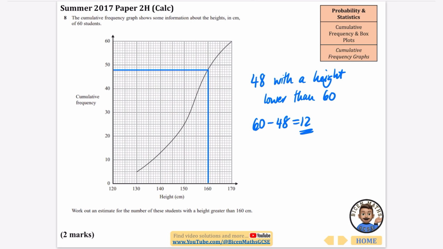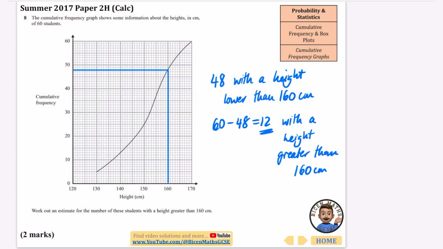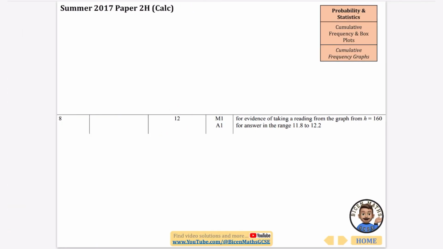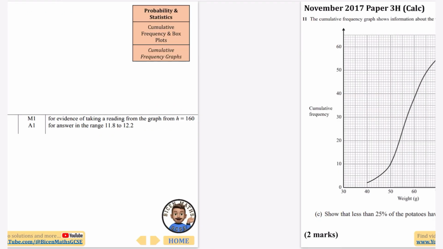So the answer is that there are 12 with a height greater than 160 centimetres, excuse me. So just need to be really aware of the fact when you do cumulative frequency, these values are always telling you everything up to that value. Because we wanted these, it was corresponding to this section. So we've got that 12 there, perfect, and they've got a range of values that they would accept.